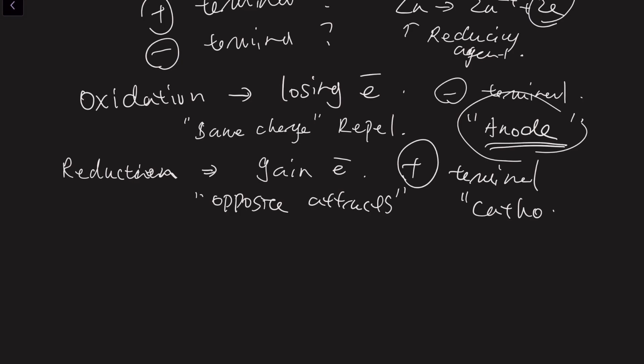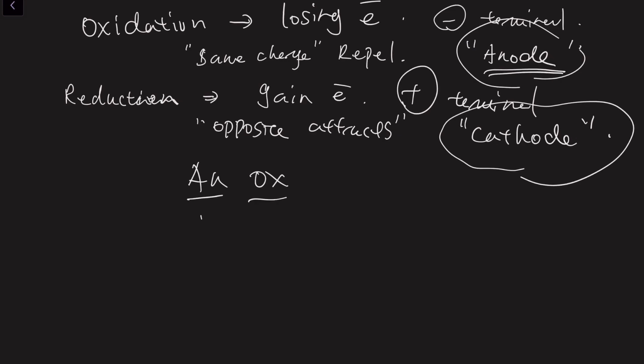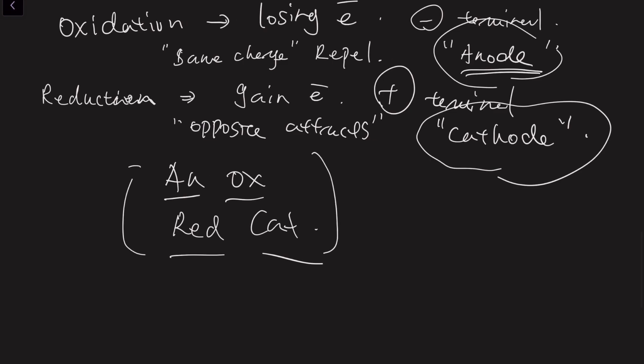It is called cathode. There are some ways to remember this. So An Ox means anode is oxidation, and Red Cat, reduction is cathode. So that's some of the ways you can remember this. But I think the best way to remember something is to try to understand it.